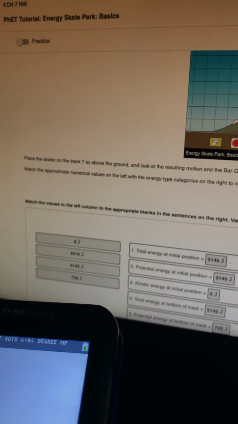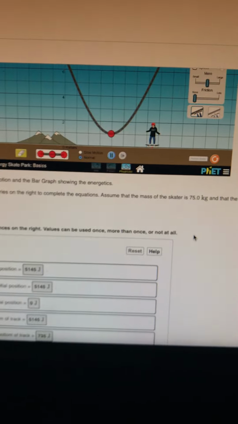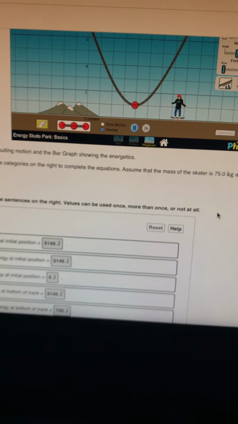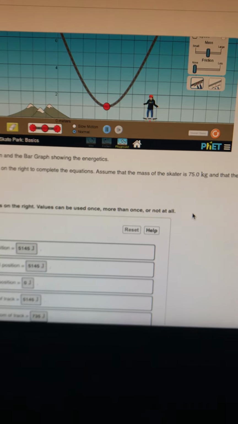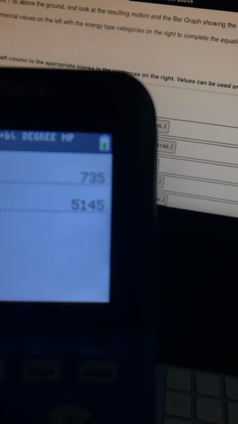So what were we given? 7 meters above the ground, and a mass of 75 kilograms. So we have 75 kilograms times 9.8 times 7. If we go to the calculator, this is the total energy, or the potential energy. This number represents the potential energy.